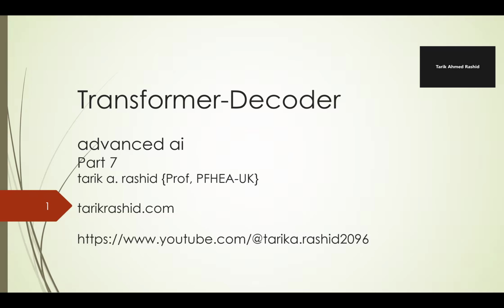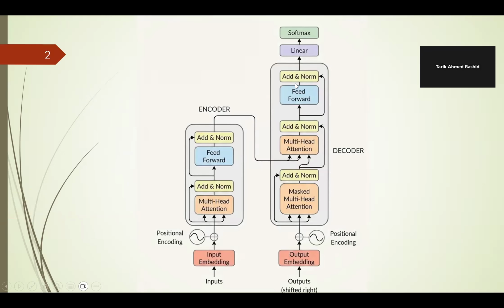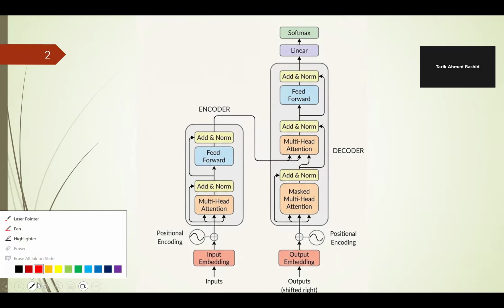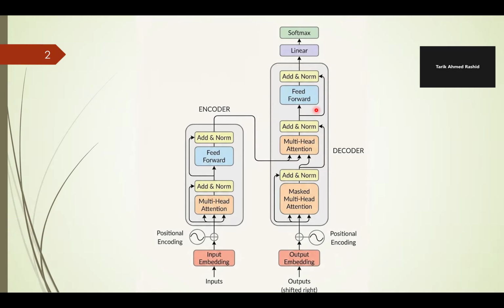It's about Transformer Decoder, part 7, and I'll go through the whole part 7 in detail. So this is part 7, if I take the pointer or indicator here. So we're talking about this one. We already explained all these processes, starting from here, all the way from embedding till here.